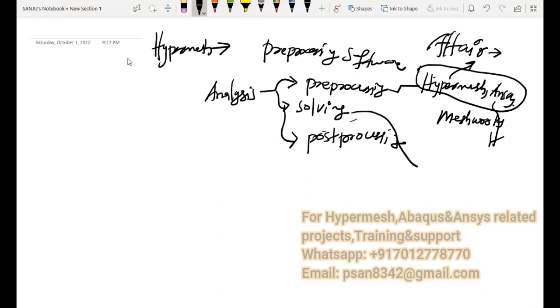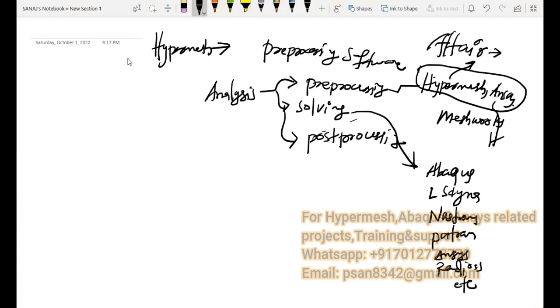For the solving purpose, in industries there are several solvers, say Abaqus, LS-DYNA, Nastran, Patran, ANSYS, Radioss, etc. LS-DYNA is mainly robust in terms of explicit simulations.